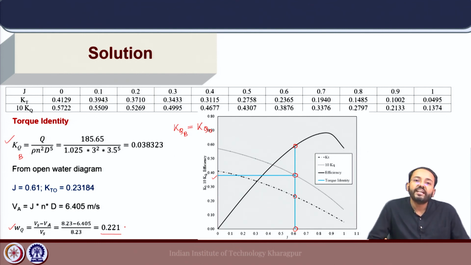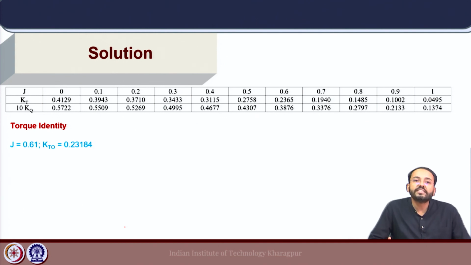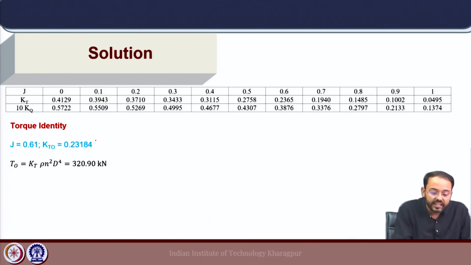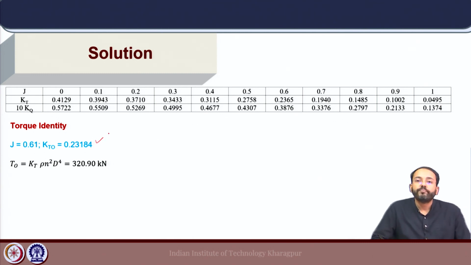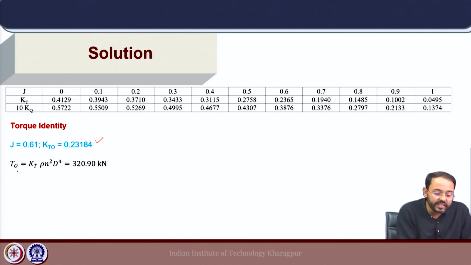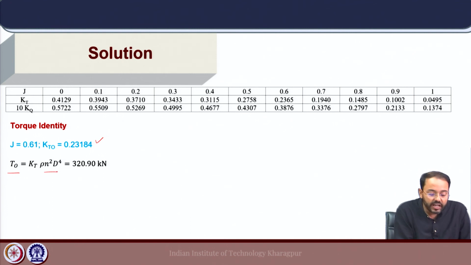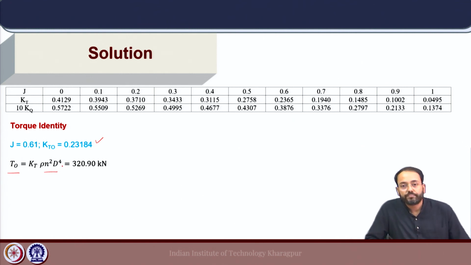So, moving ahead, we use the same way to calculate the value of the open water thrust coefficient from the open water diagram, and from that we calculate the open water thrust TO. The RPM and propeller diameter are known.